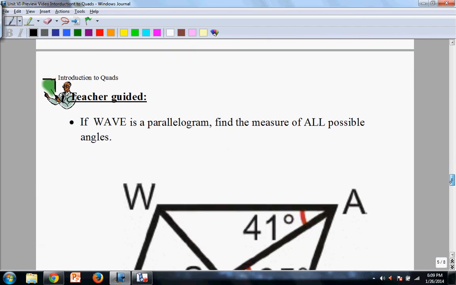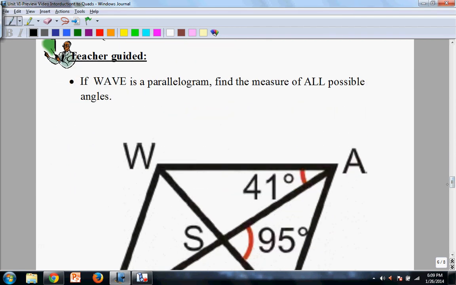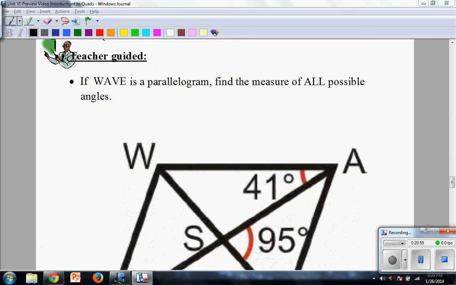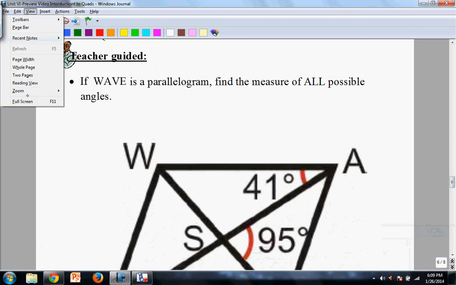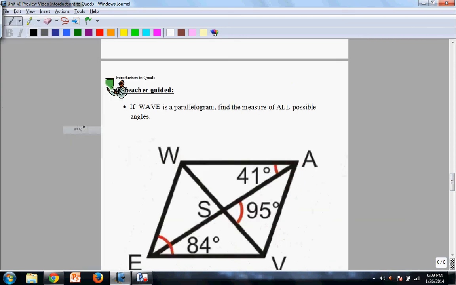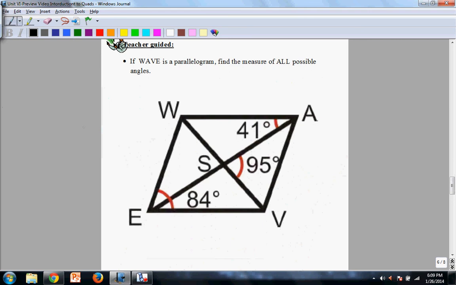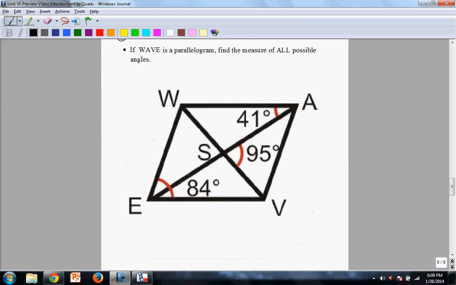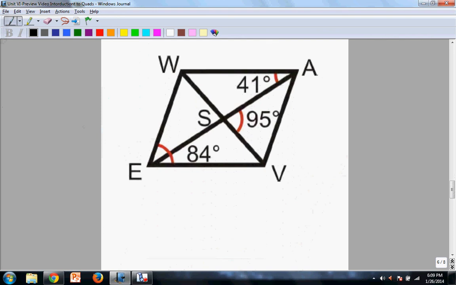Now, knowing these 5 qualities, we're going to work through a couple problems here. Okay, so it says, if WAVE is a parallelogram, find the measure of all possible angles. What I'd like you to do is write out OCD in the margin to keep in mind what this means.